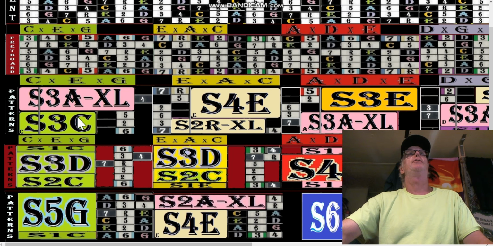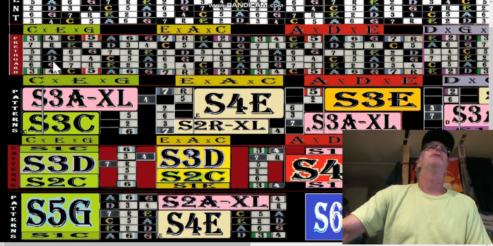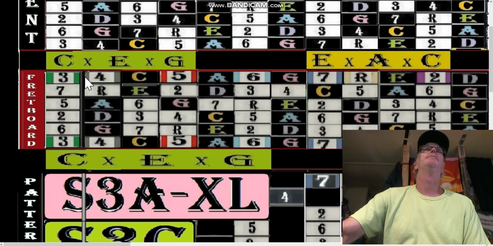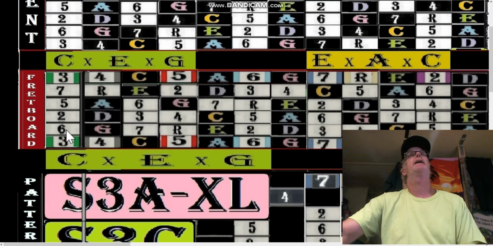Now there's a long and a short way to do this. If this is the fret nut, we can't reach these notes. We have to use a long pattern. So if this is the fret nut here, we can't access the 3, the 6, you know what I'm saying, that kind of thing. So we have to use the long pattern. We can access the 3, the 6, the 2, the 5, the 7, and the 3.